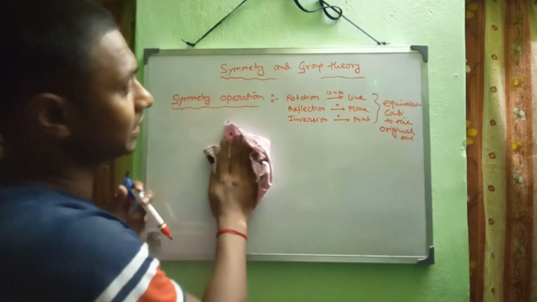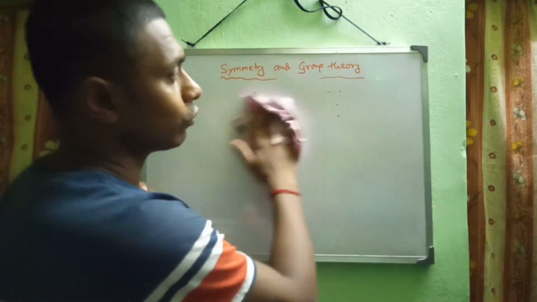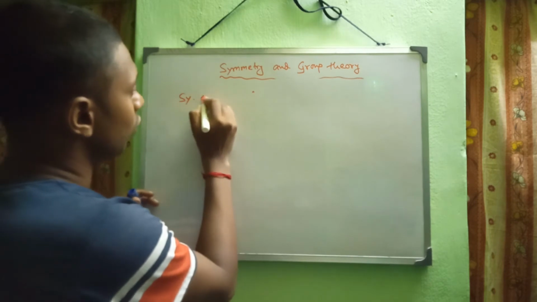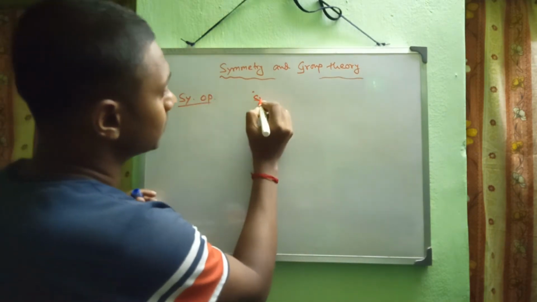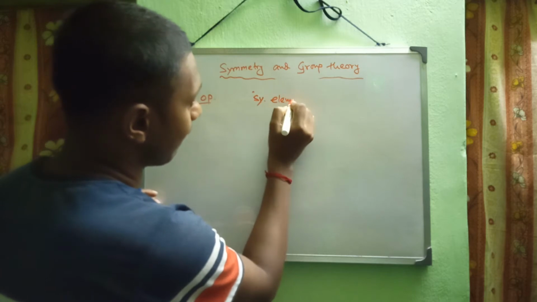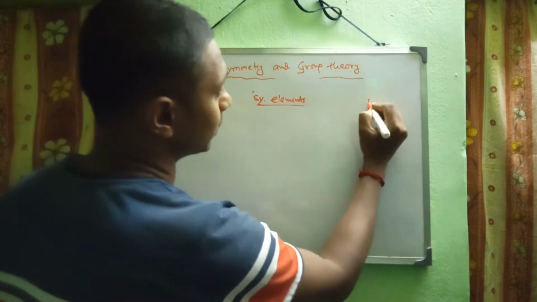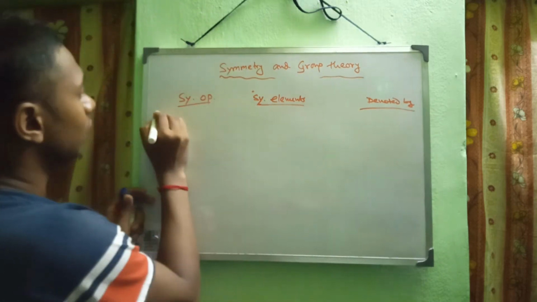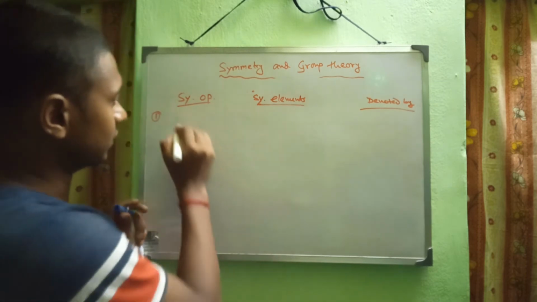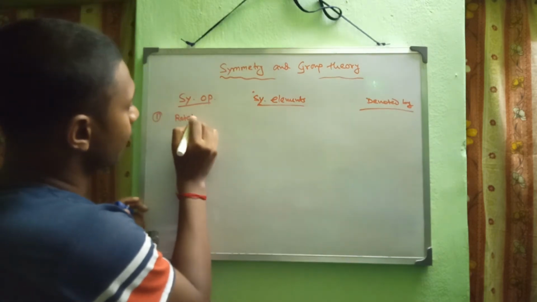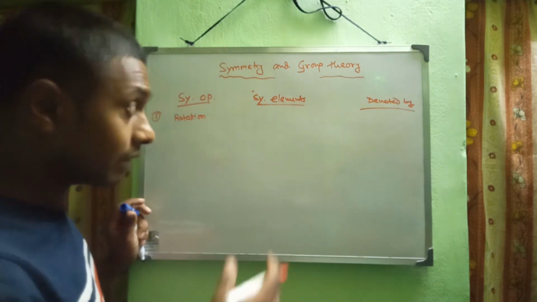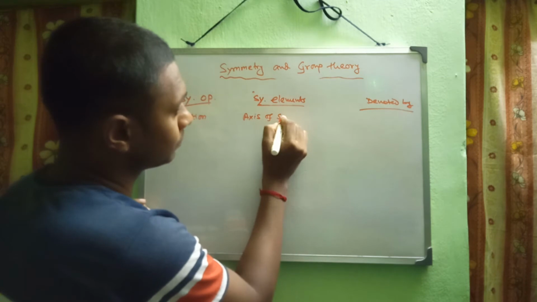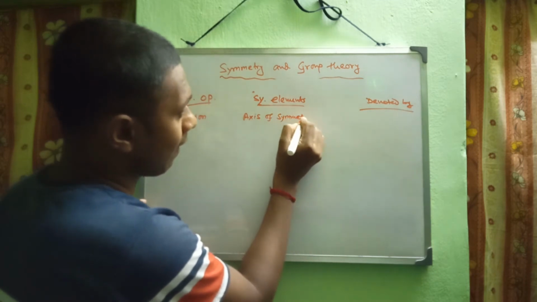Now let's tabulate the various types of symmetry operations and the corresponding symmetry elements, and their denotations. The first symmetry operation is rotation, and the corresponding symmetry element is called the axis of symmetry.